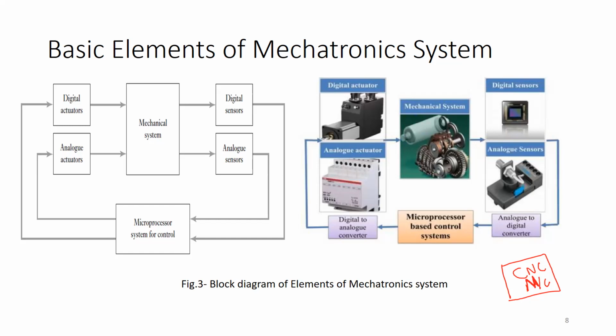The mechanical system is being analyzed by sensors for its movement, and the microprocessor senses that data in digital form, compares it with the user input data, and keeps on giving the signal to the actuators to keep the mechanical system running or to stop at a given instance of time. Now, before giving the actuator a signal, it needs to be converted again from digital form to the analog form.